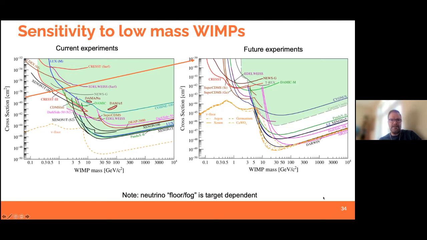Okay. And one thing I wanted to mention as well, because I listened to the discussion yesterday a little bit about the neutrino fog. When you start seeing neutrinos slightly depends on your target material as well, right?